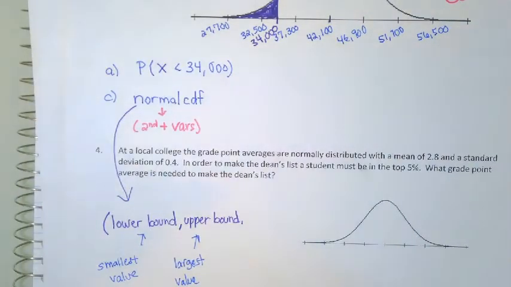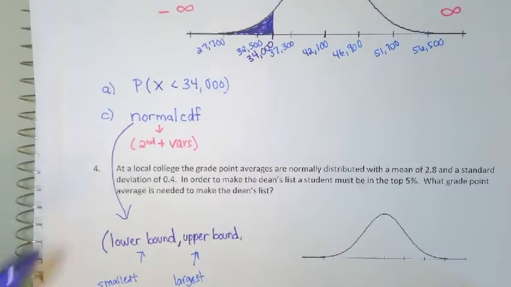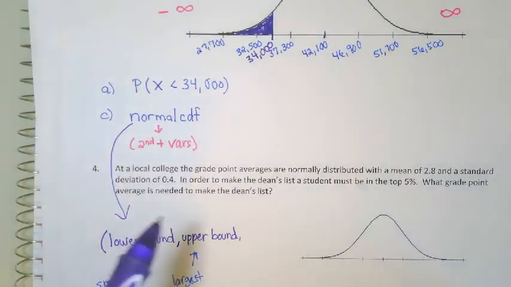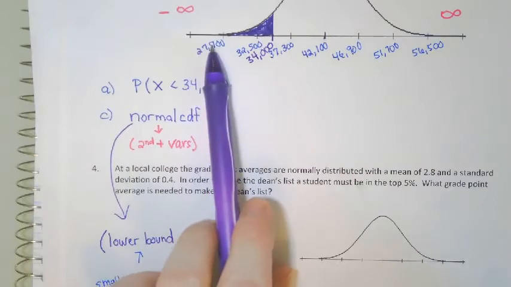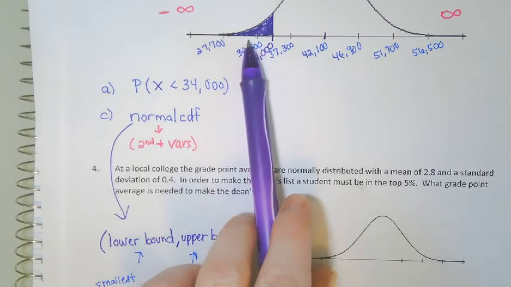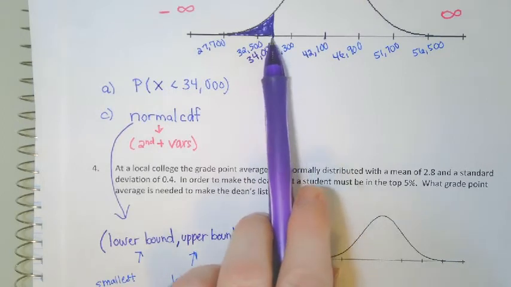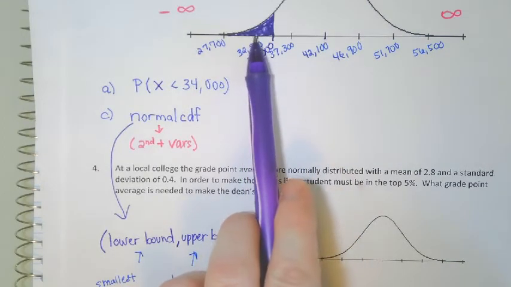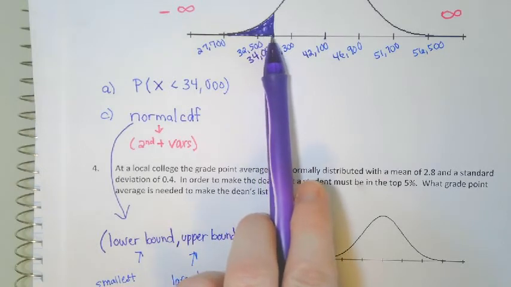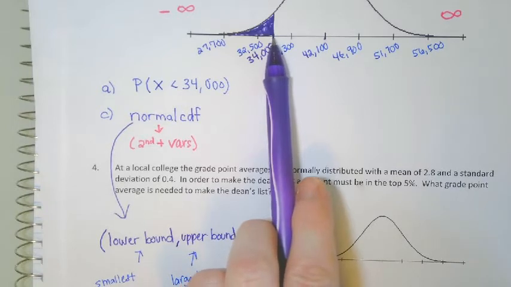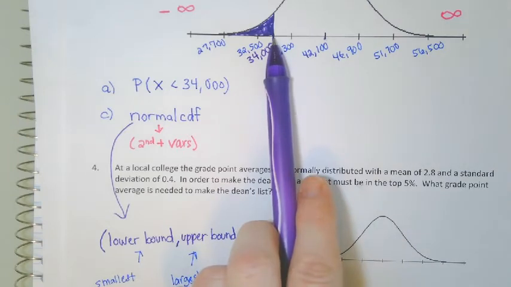To determine this, I'm going to look back at the space I have shaded in my normal distribution, and I want to find the biggest number in the shaded area. So the shaded area, as I move to the right, it goes all the way up to 34,000, and it stops right there. So the largest value, or the upper bound for this shaded area, would be 34,000.